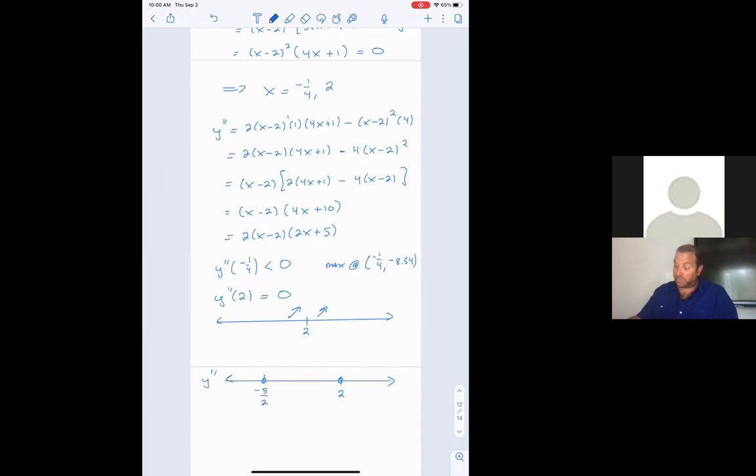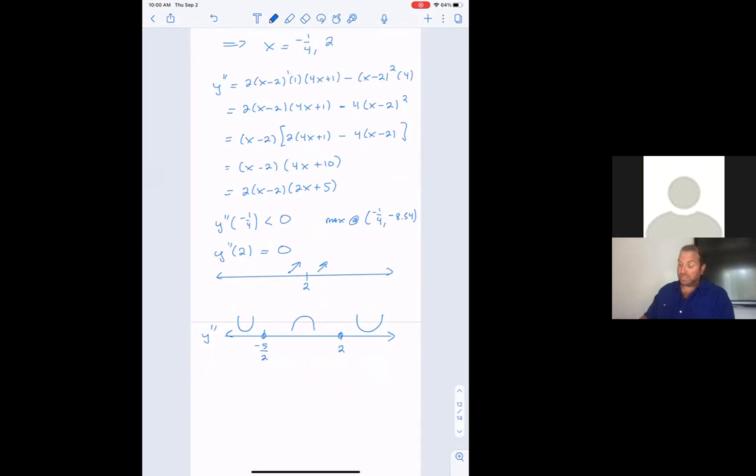If I plug in 3, I get a positive number in the second derivative, which means it's concave up. If I plug in, let's say 0, I get a negative, which means it's concave down. And if I plug in negative 3, I get a positive, so it's concave up. Which means there are 2 points of inflection, negative 5/2 comma something, and 2 comma something.